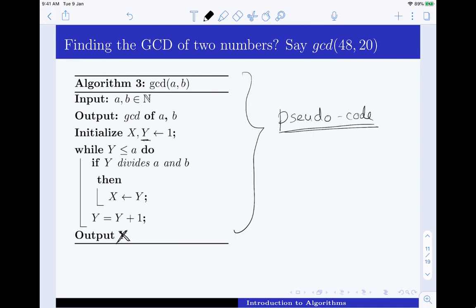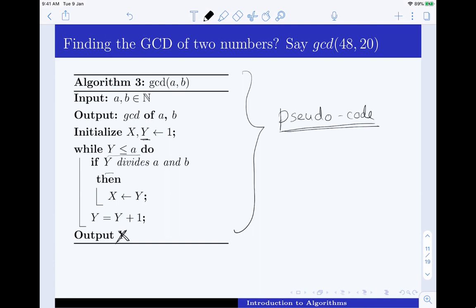Basically it says that I am going to vary y from 1, slowly go up till y is less than a, and as soon as I find a bigger y that divides both a and b, I would store that y as x.